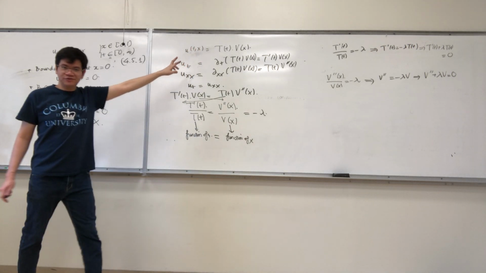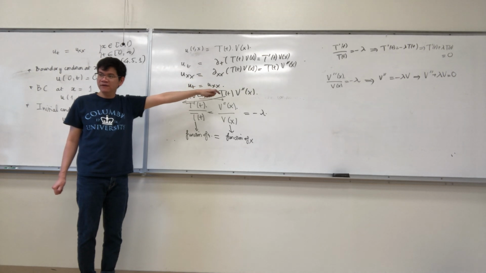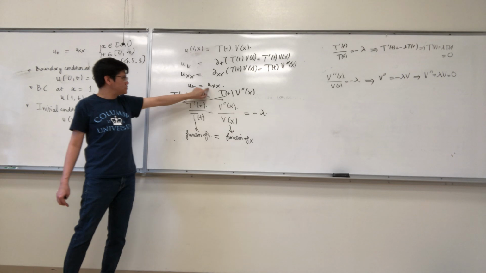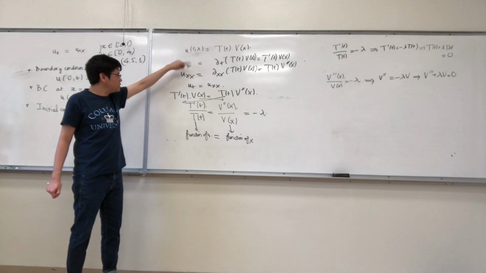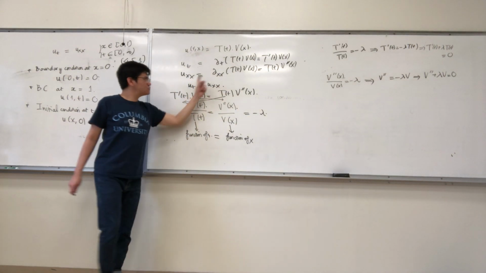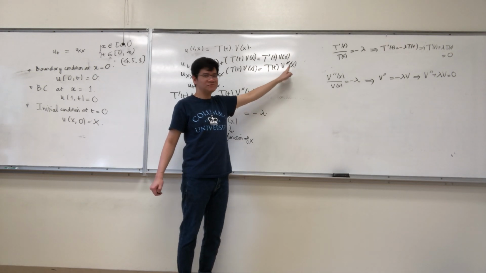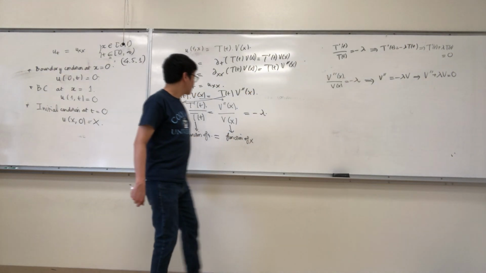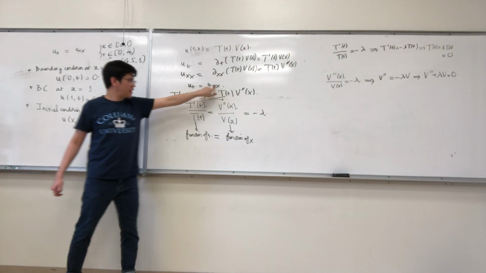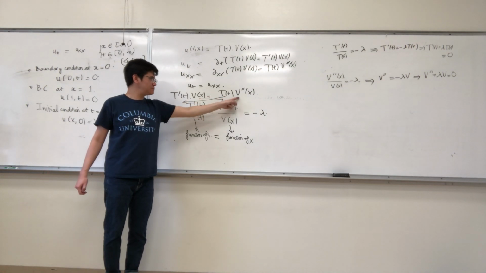Right, so I explain again. So you have u(t,x) is T(t) times V(x), right? In the equation you have u_t is u_xx, which means that you have to compute u_t and u_xx. u_t will be T'V, u_xx will be the second derivative of this, and this gives you T times V''. Now you're going to put u_t here and u_xx here. You have T'V is equal to T times V''.